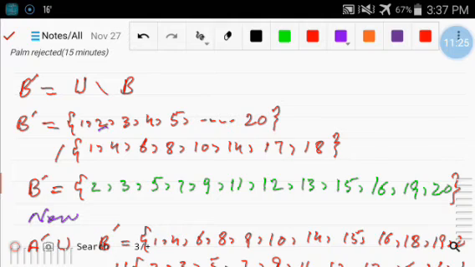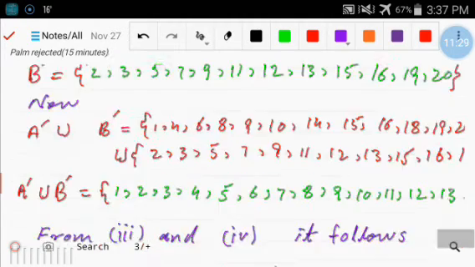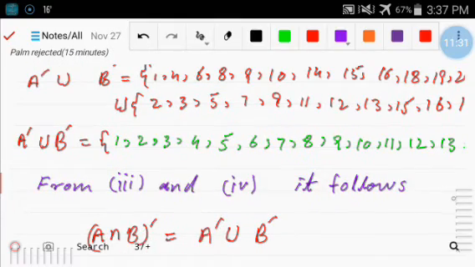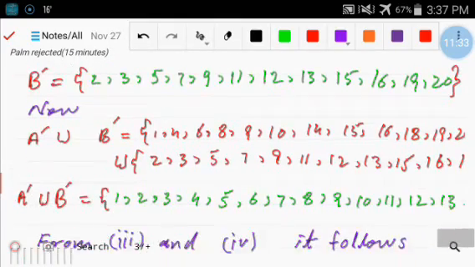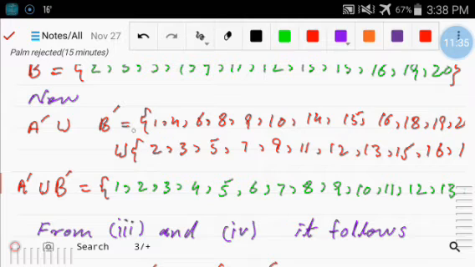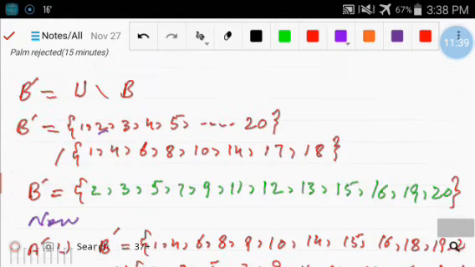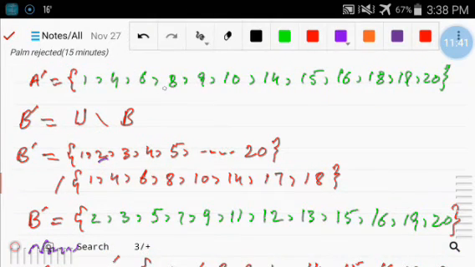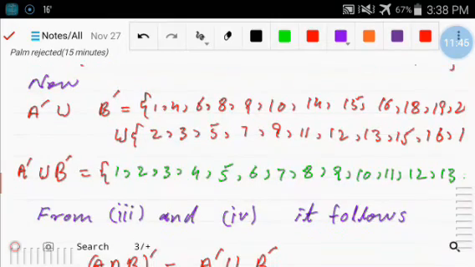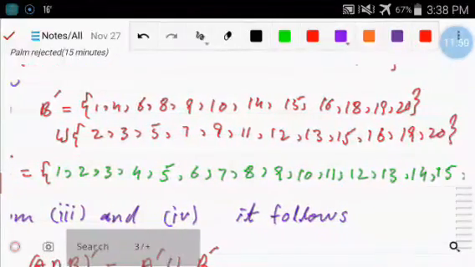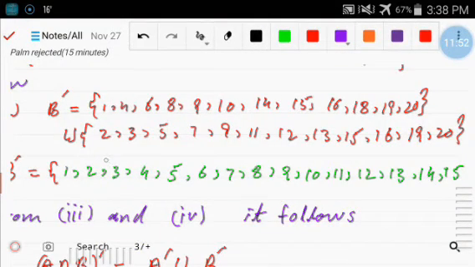Now we find A complement union B complement. So A complement is equal to 1, 4, 6 and B complement is equal to 2, 3. So this one is A complement, union, this one is B complement.